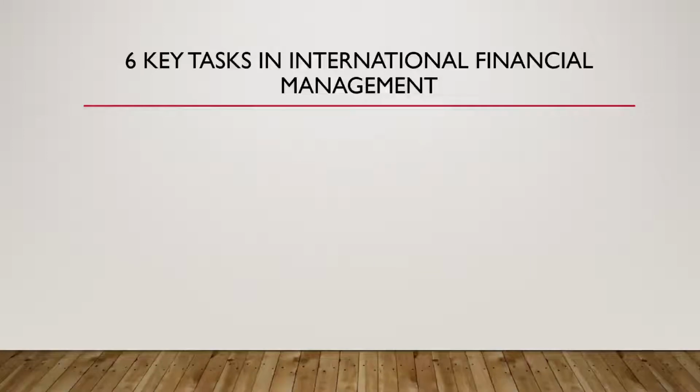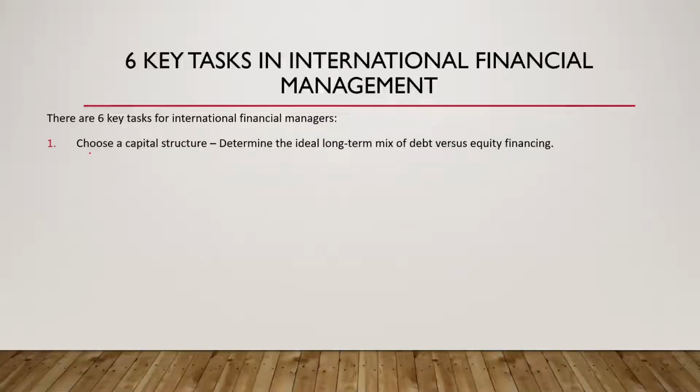And so the 6 key tasks in international financial management are, first, choose a capital structure. The managers of international finance of a company are responsible for choosing a capital structure. What does a capital structure mean?